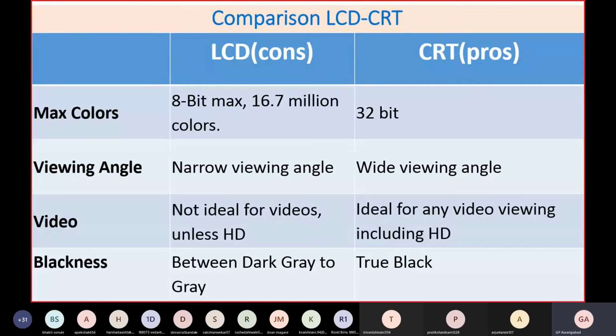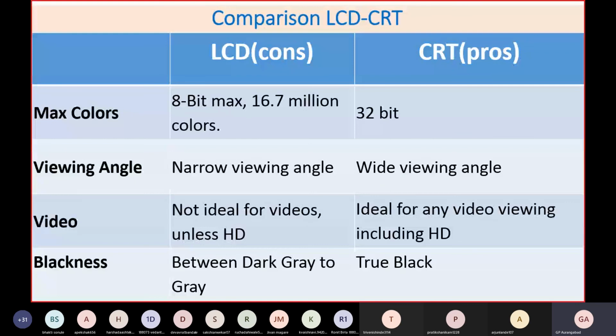Then at the end, we have seen the construction of LCD. Then what is the operation of LCD? What is a passive matrix display? What is the backlight concept? That is a light source. Even if your display is torn or broken, you can see very high intensity light from the backside, that is from the backlight.